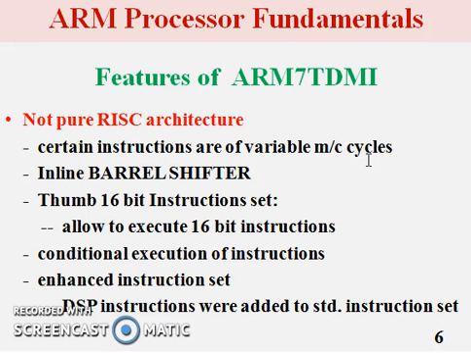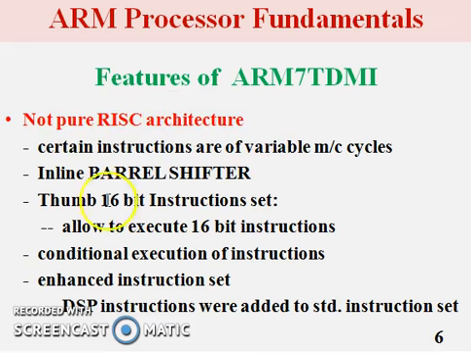Because of this variable machine cycle, it differs from the pure RISC architecture. Variable machine cycle is a feature of CISC architecture, and this CISC architecture feature is available in this ARM7 TDMI, and hence it doesn't have a pure RISC architecture.